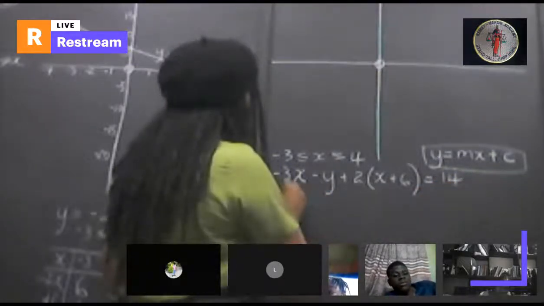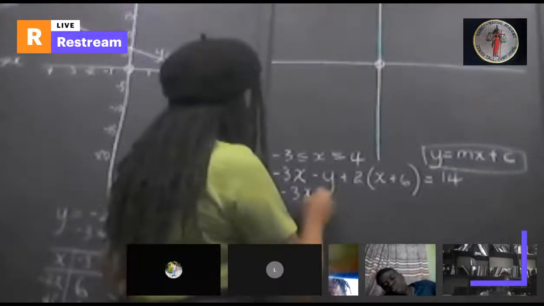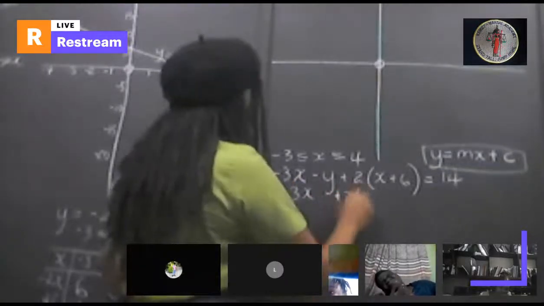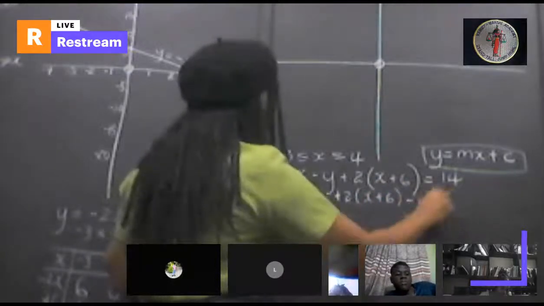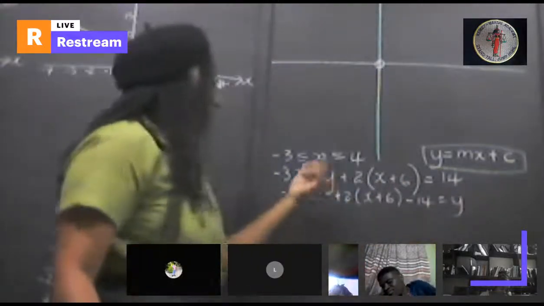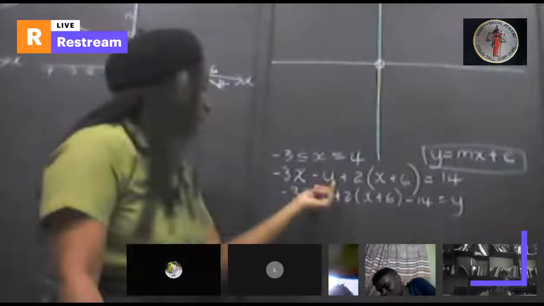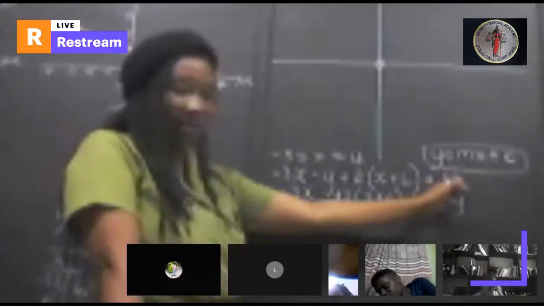So we have negative 3x plus 2 times x plus 6, minus 14 equals y. We added y to both sides to get rid of the y over here, and we subtracted 14 from both sides to get rid of the 14 on the right.